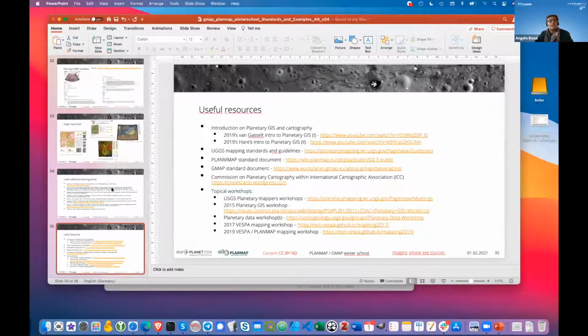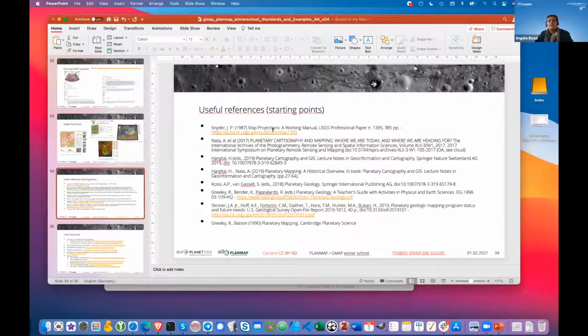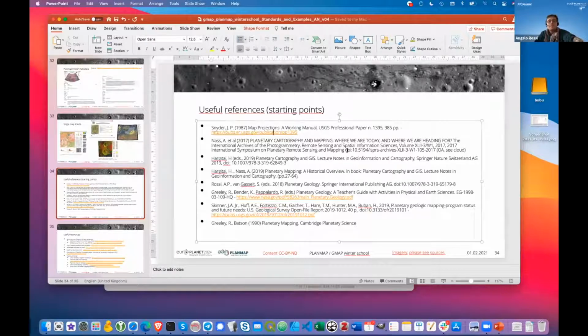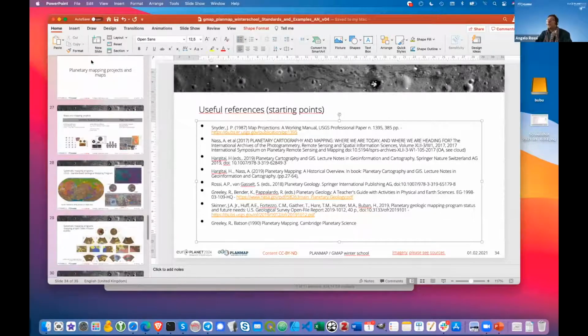For example, there is a book that has many of them, but essentially it's fine to use one single projection for all your observations. You just have to be aware of whether the sizes, angles, shapes or distances are or are not respected. But for having a synoptic view, it's perfectly fine to choose a global projection.